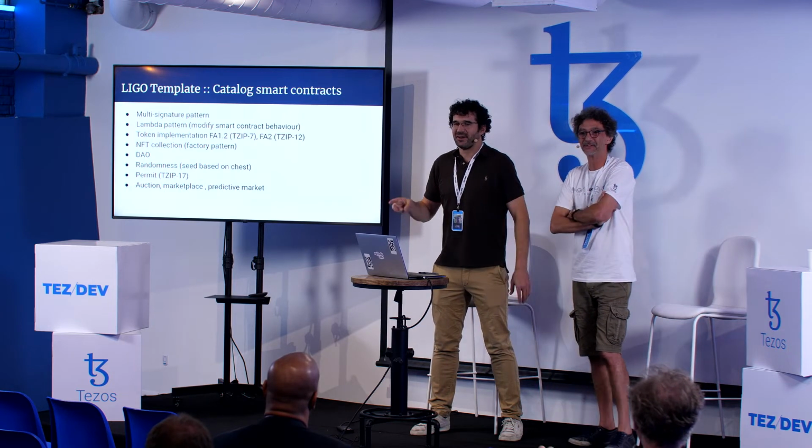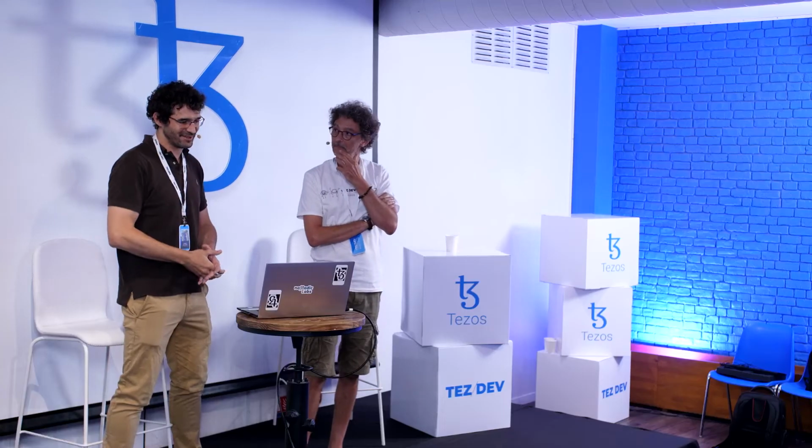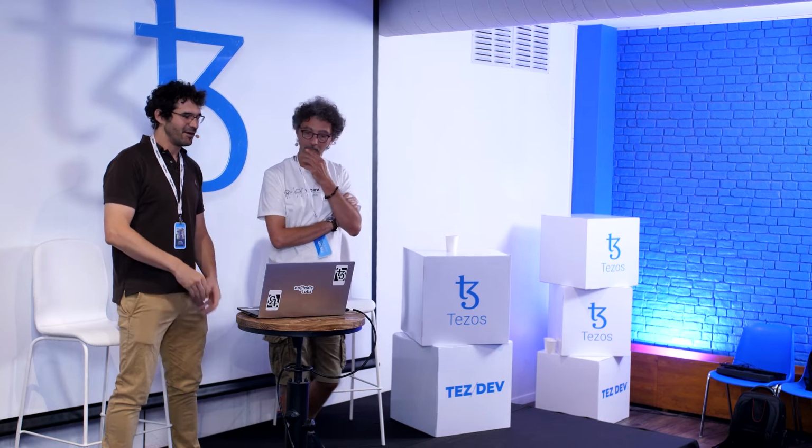It's even called an anti-pattern, exactly, but you can do a lot of things. There's also contracts for token implementation. We talked about the FA2 extended version. We also showed an implementation of the NFT collection, DAO, and randomness: how you produce a random number on-chain without bias.